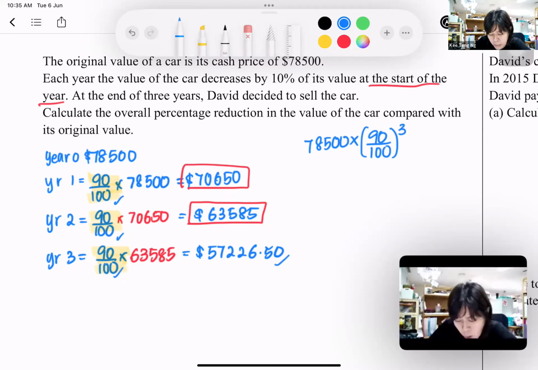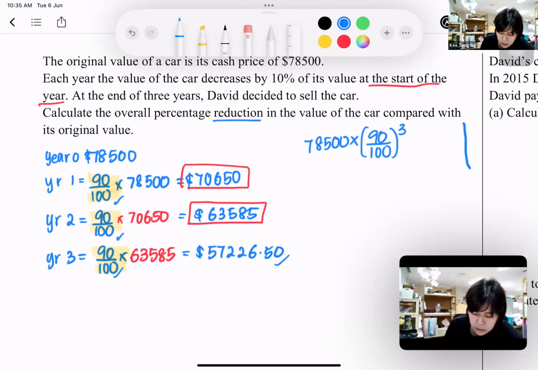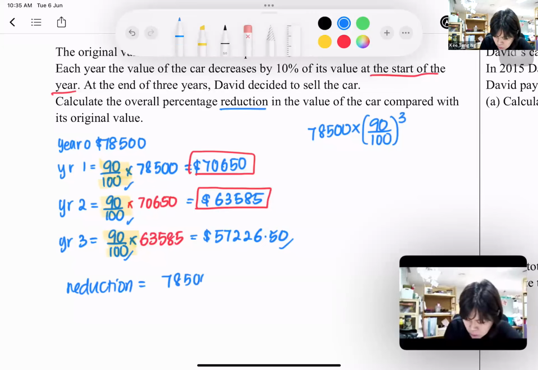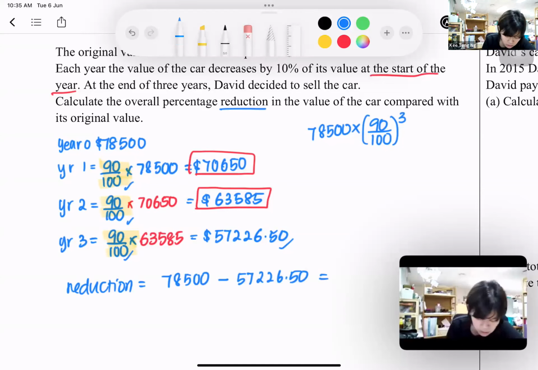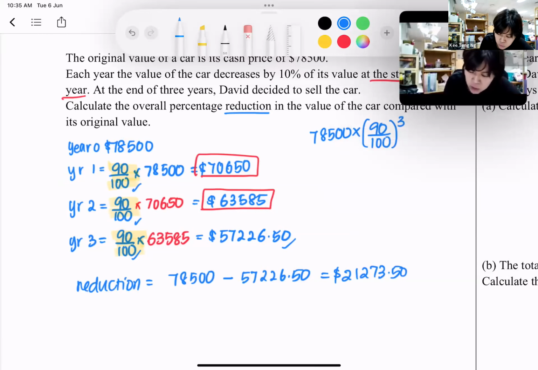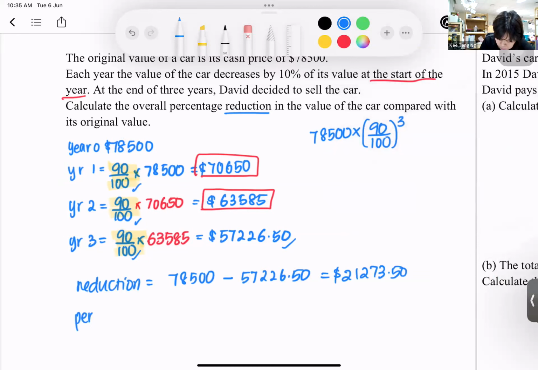Calculate the overall percentage reduction. So I must find the reduction first, right? The reduction will be my original value minus my current new value, and that gives me 21273.50. They want the percentage reduction, so I take this reduction over my original value, right?